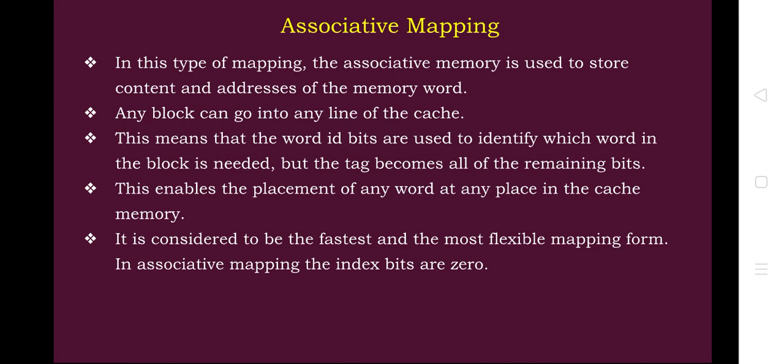In associative mapping, the index bits are 0. What that means is there is no need to have the index bits, because in the previous memory mapping method, which is the direct mapping, we used the index bits. The remaining tag bits will be the content. Here the index bits are not necessary because we access the data by the content itself. For example, if we have the register number of a student, it will be in order.